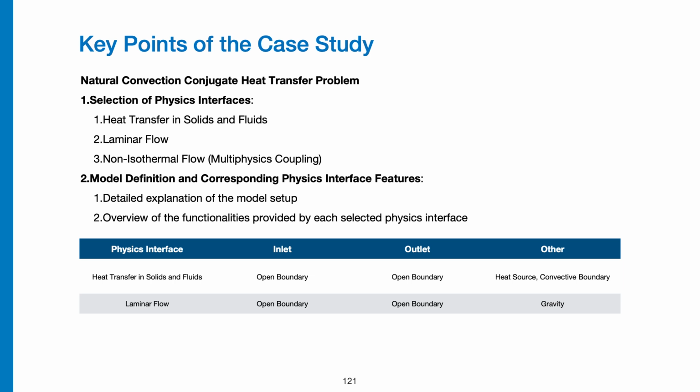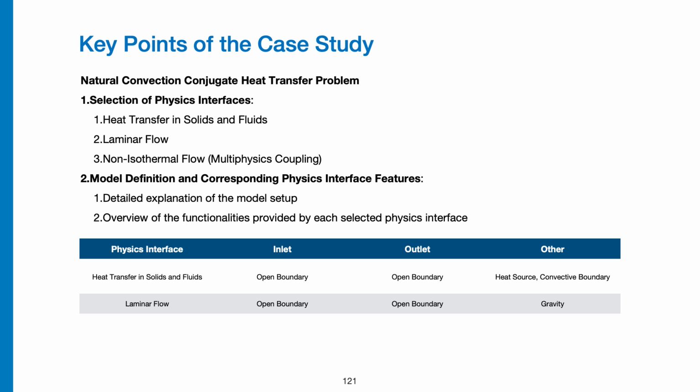Then, to link these two physical interfaces, these two physical fields, we chose the non-isothermal flow multiphysics node to connect them. This is a key point in selecting our physical interfaces. Additionally, our model definition and the corresponding physical interface functions will be introduced.